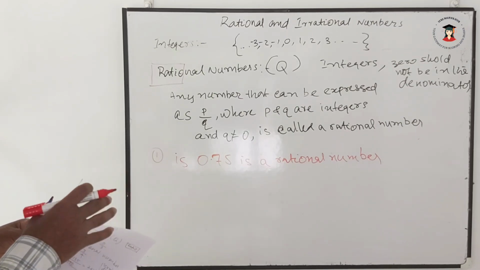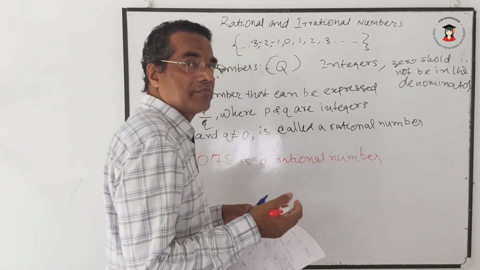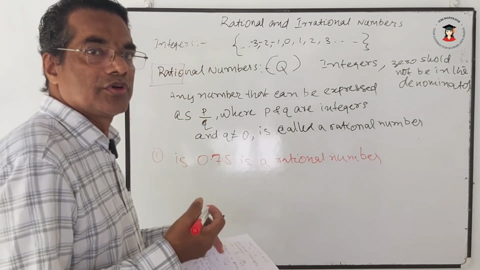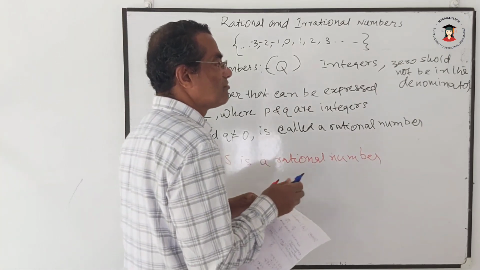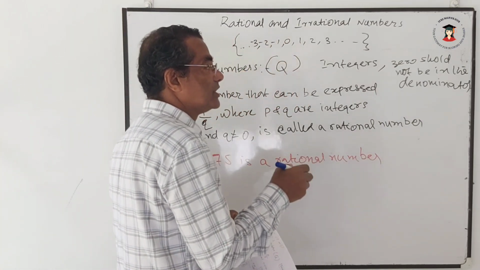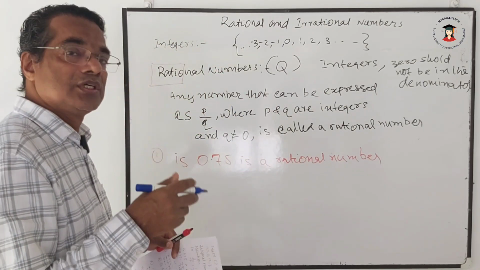In the beginning, I asked one question whether 5 is a rational number. So explaining that, I wrote 5 as 5 by 1. So it is in the form of a ratio of two integers. So it is a rational number.